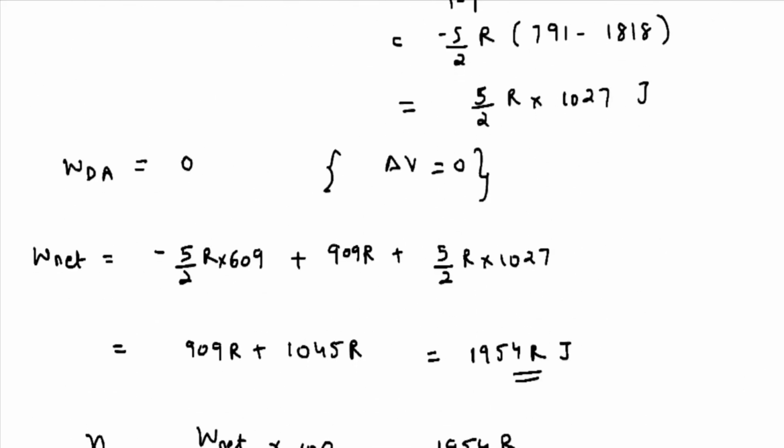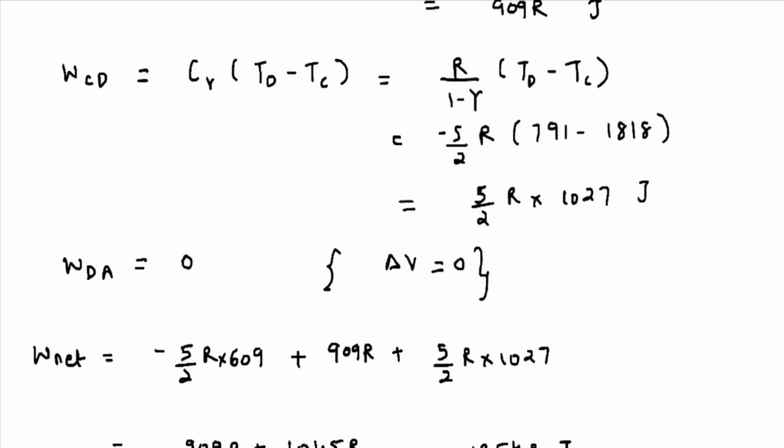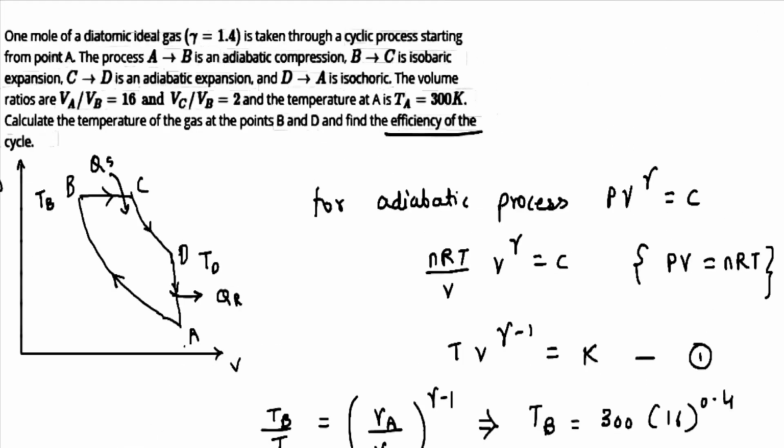So from here we can divide both of these, and we will get the efficiency in terms of percent. Solving this value comes out to 0.614 into 100, that is 61.4 percent. So this is the efficiency of this complete cycle. So I hope you have understood the concept, and thank you for watching.